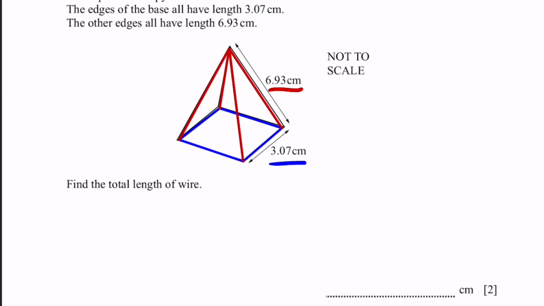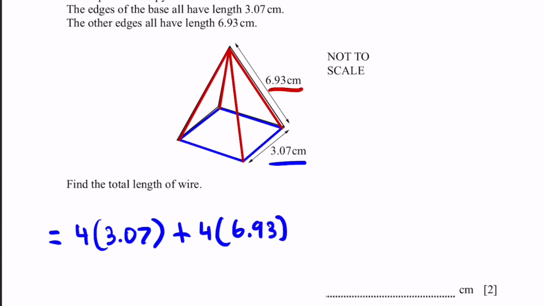Find the total length of wire. So this means we need to calculate the length of all the edges combined. This will be equal to 4 multiplied by 3.07, as there are 4 edges which are 3.07 centimeters long, plus 4 multiplied by 6.93, because 4 edges are 6.93 centimeters long.